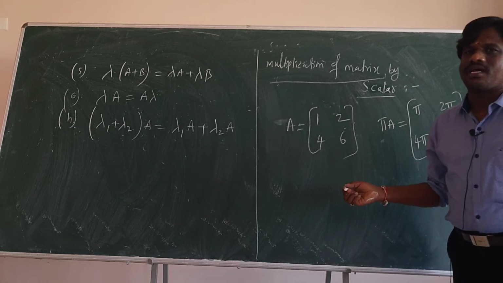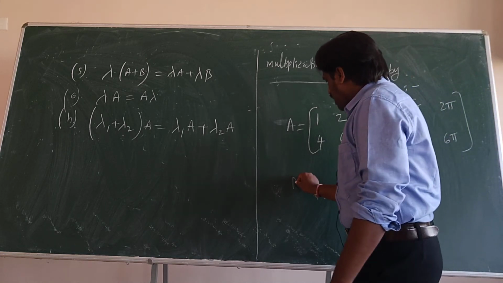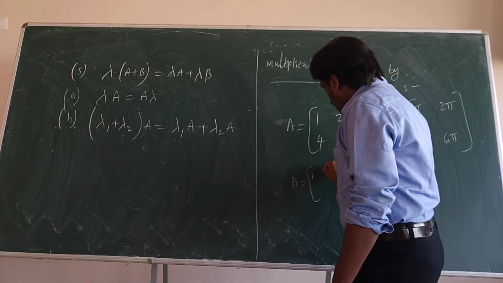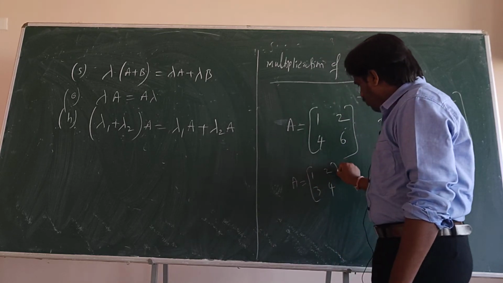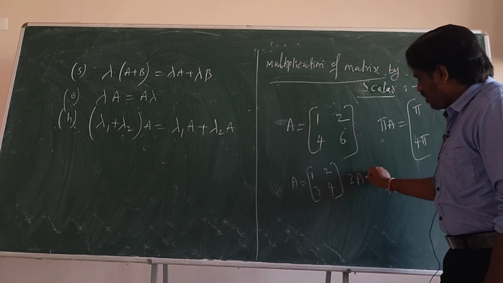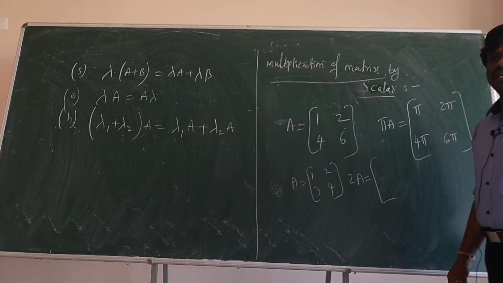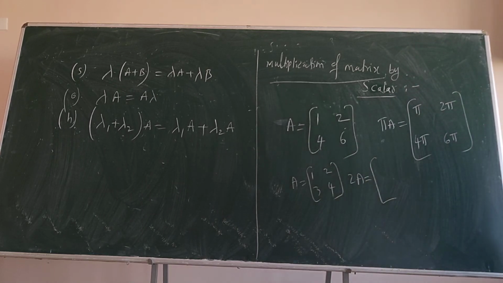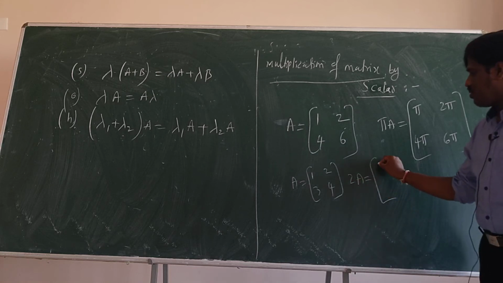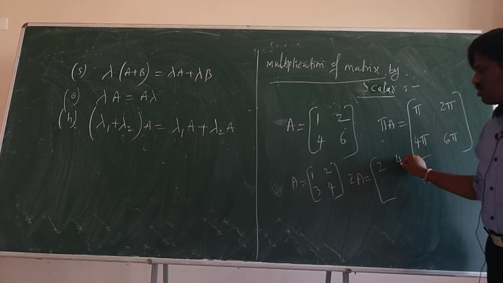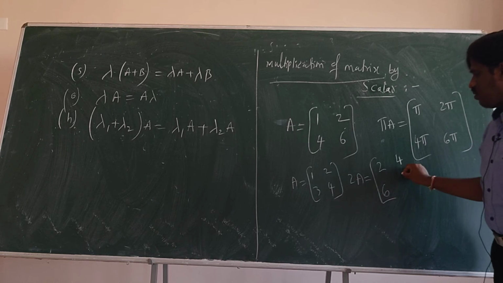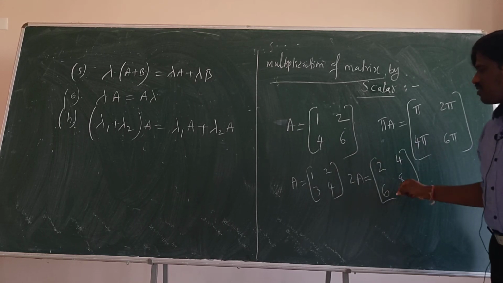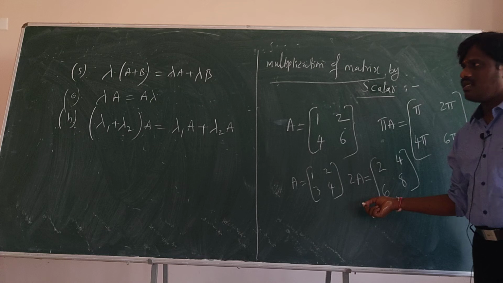So that is called scalar multiplication. Suppose A is equal to 1, 2, 3, 4, I want to find 2A. What do I do here? I multiply 2 with each element. So 2 into 1, 2, 2 into 2, 4, 2 threes are 6, 2 fours are 8. So this is called scalar multiplication.